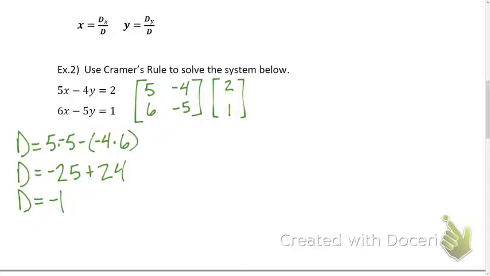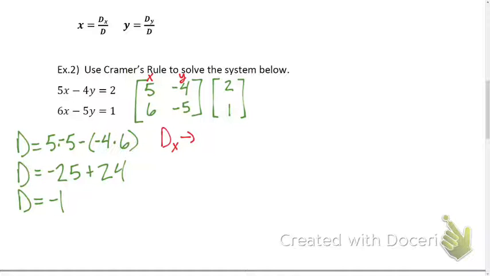That part's old. We've done that before. The new thing is we need to write the determinant of the x. So if you think of this first column as the x stuff and the second column as the y, we need to rewrite that first matrix using the second matrix.